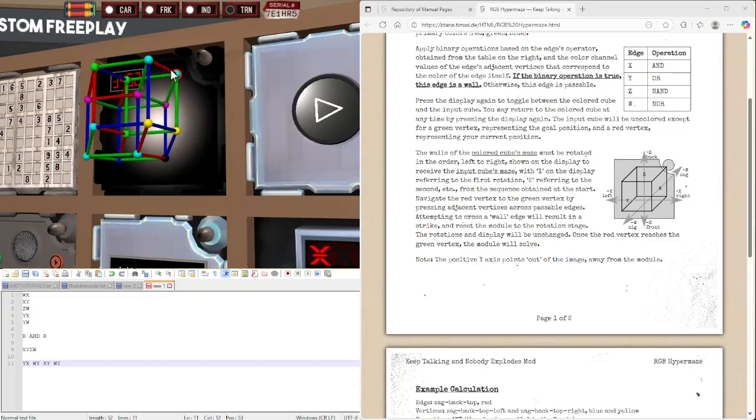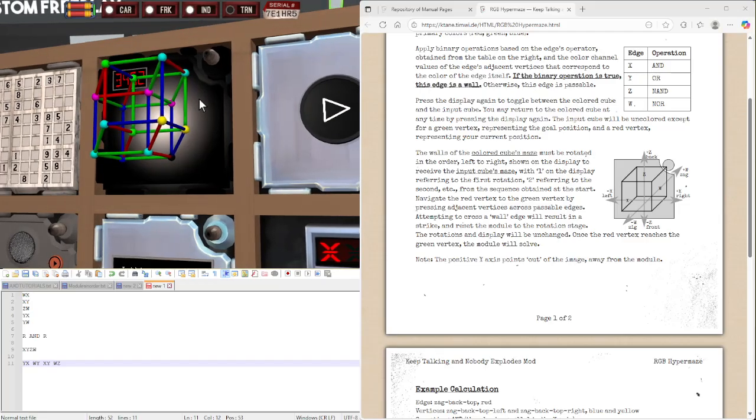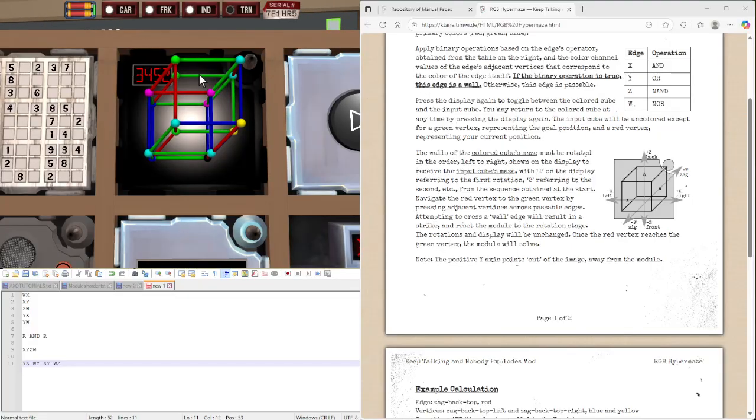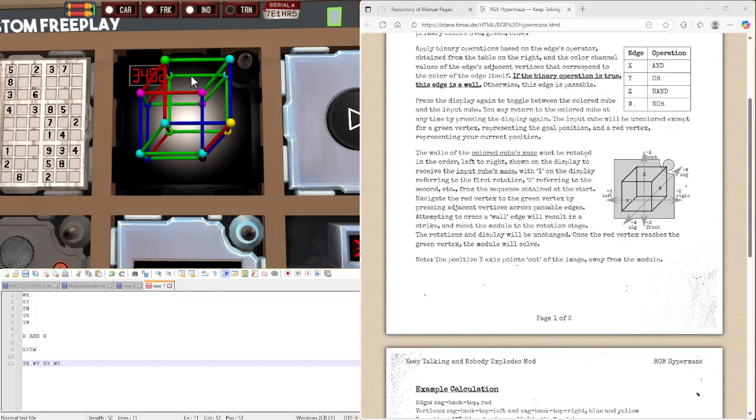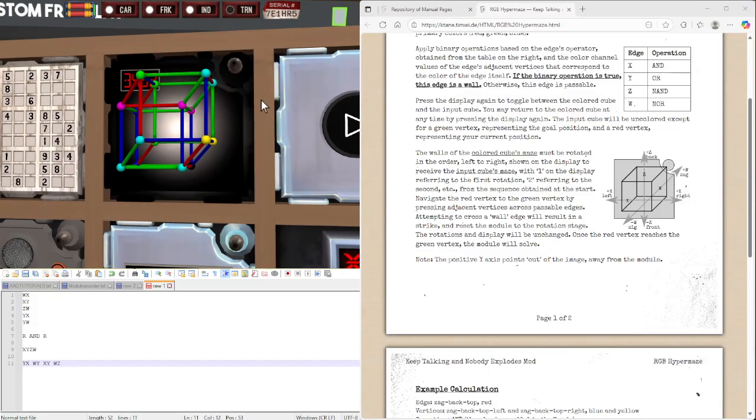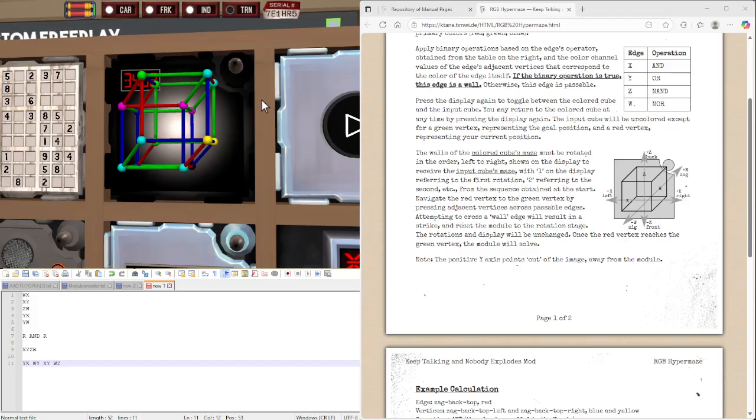So we're up here, XY, that does affect it as well. That's to this bottom one down here. WZ did not affect it, so that was X and, so that's a wall. Fabulous.